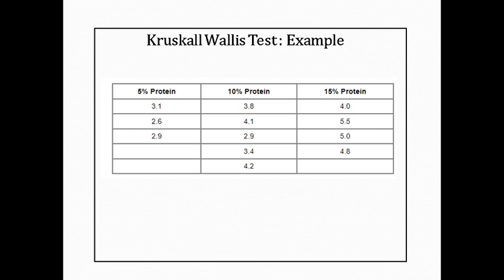There are the following diets, given with different amounts of protein: 5% protein, 10% protein, and 15% protein. Low protein diets are often prescribed for patients with kidney failure.